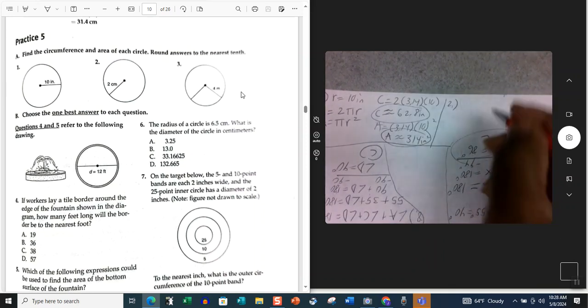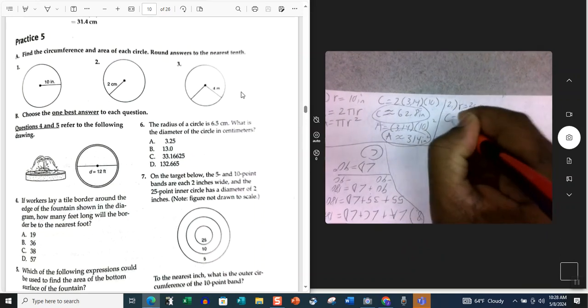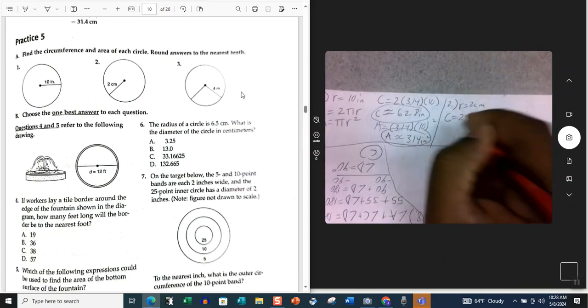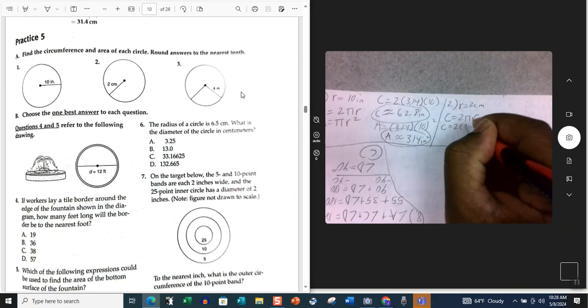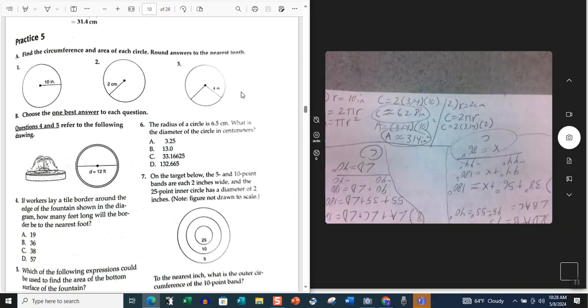Problem number 2, we have our radius is 2 centimeters. So our circumference is 2 pi r. Circumference is 2 times 3.14 times the radius, which is 2. Now we put this in our calculator.